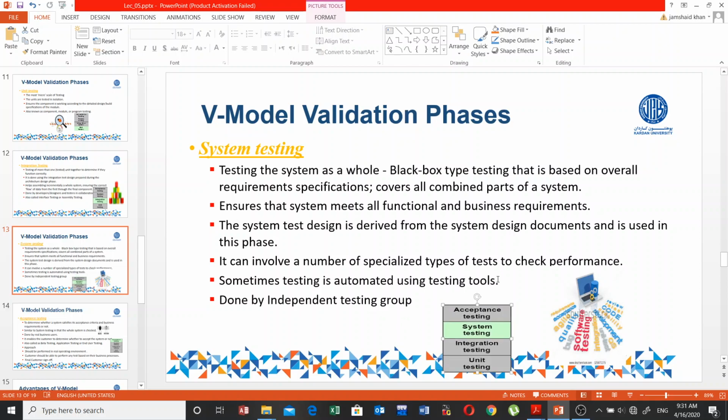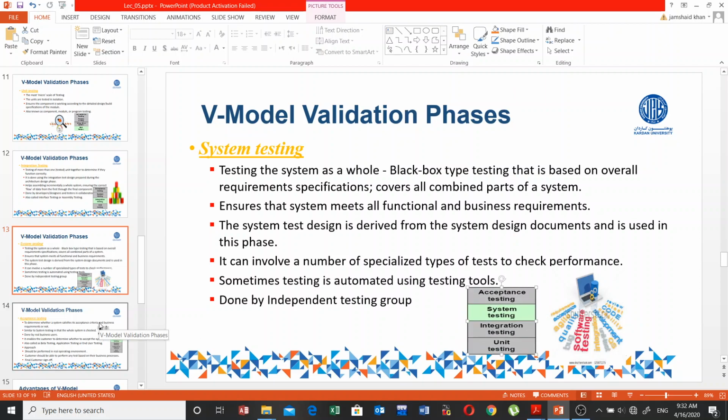There are some tools, some software, that are also used here in system testing for checking the system. It is done by an independent testing group, basically by the testing engineers or testing specialists.